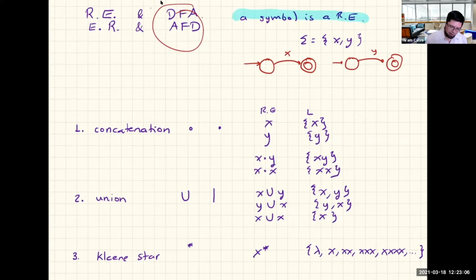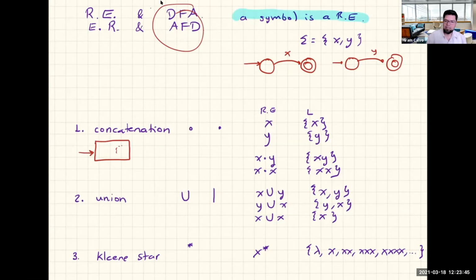Okay, so we have here one automaton just to recognize X or just to recognize Y. No problem with this. So we are showing that we are able to build an automaton out of each one of these. For concatenation, let's say we have some machine that has a start state, and inside it has to be joined by an empty transition.